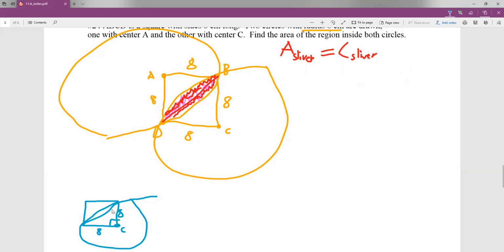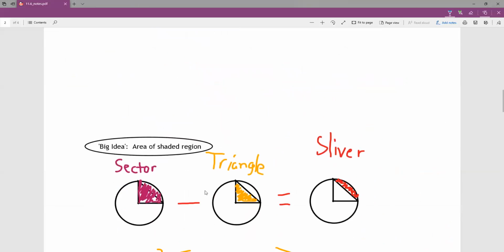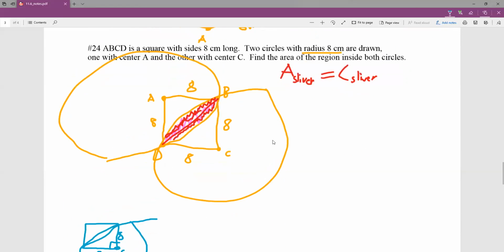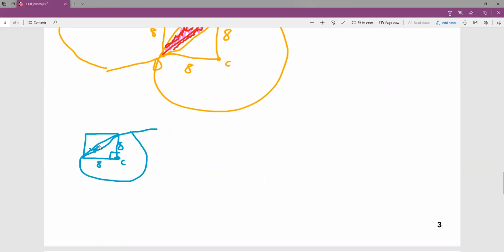So let's start off by, if we look back up here, to find the sliver, we have to find the area of the sector, then the area of the triangle, and then that will give us the area of the sliver. So we're looking for this sliver right here. So first thing we need to do is find the area of the sector.